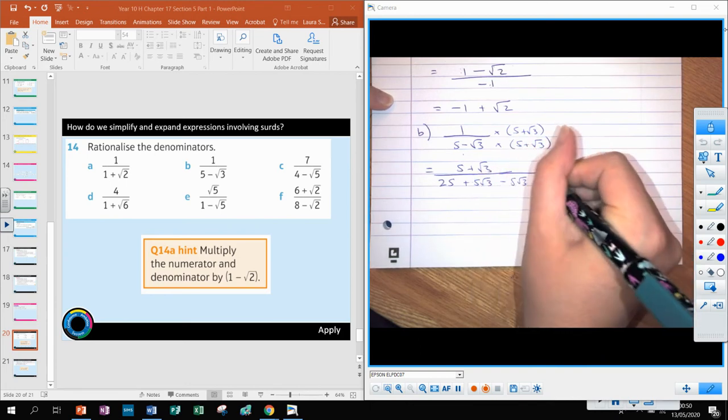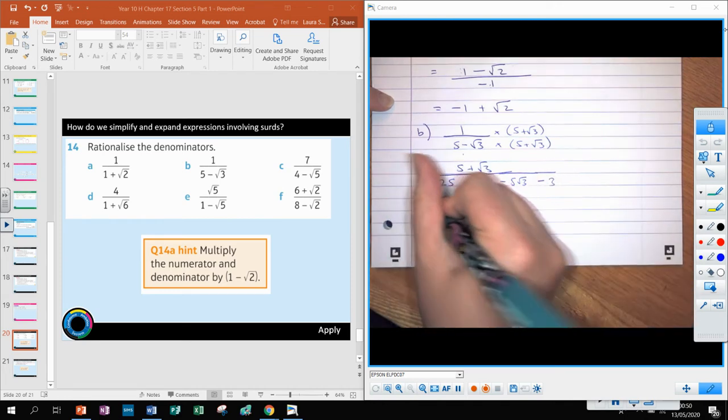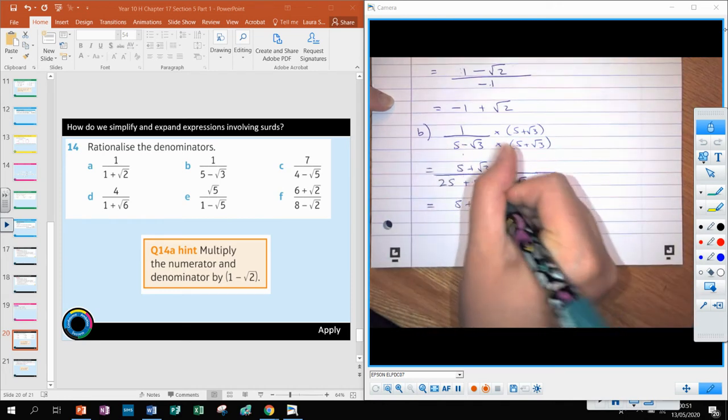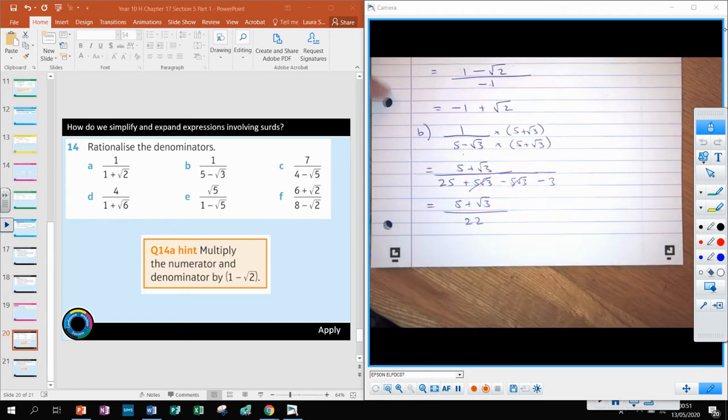You should start getting the pattern now. It should become a little bit easier. Those cancel out, so we're over 25 minus 3, which is 22. So that's the final answer, because you can't cancel.